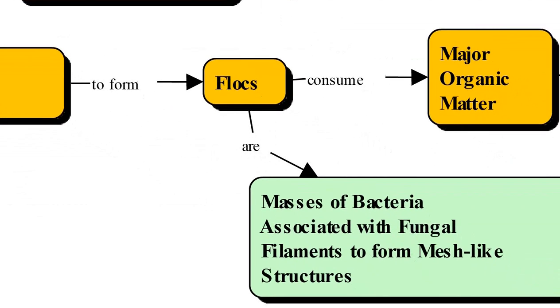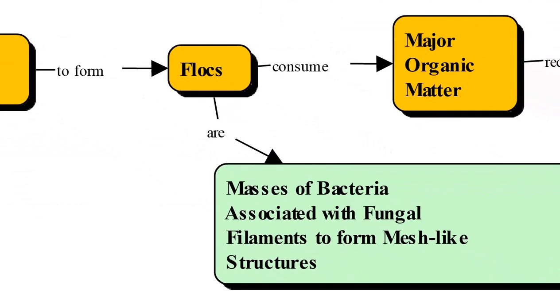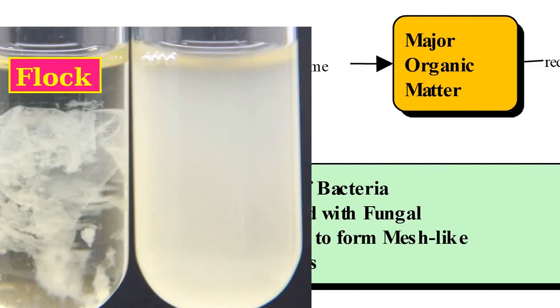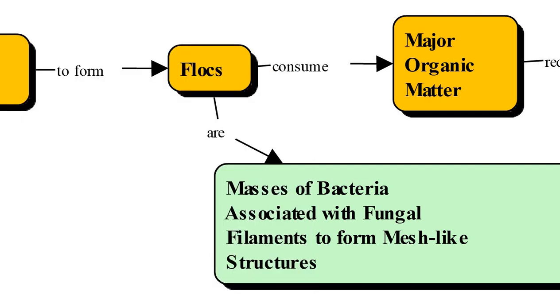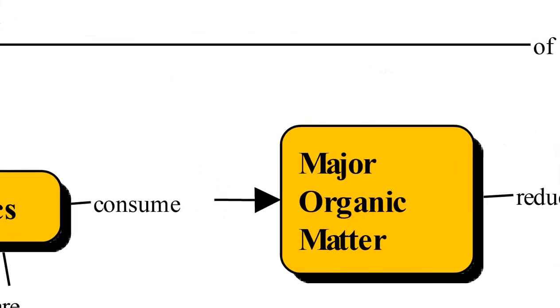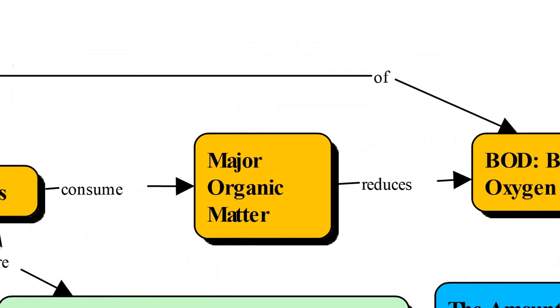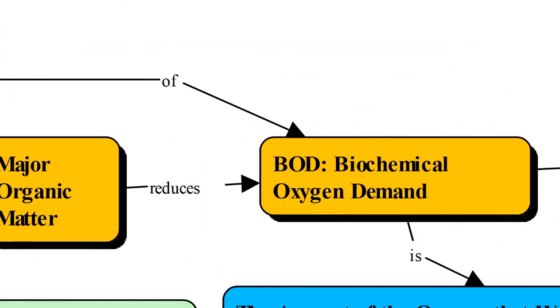So here that facilitates the growth of useful microorganisms that form the flocs. Here the flocs are masses of bacteria associated with fungal filaments to form a mesh-like structure. These flocs are actively involved in the reduction of the organic content present in the sewage. These flocs consume the major organic matter and reduce the BOD, that means the biochemical oxygen demand.